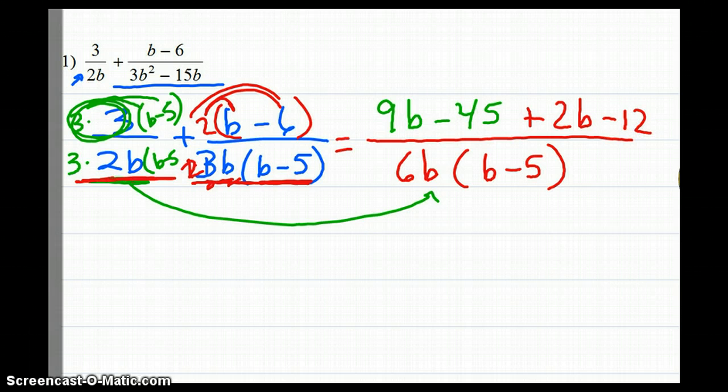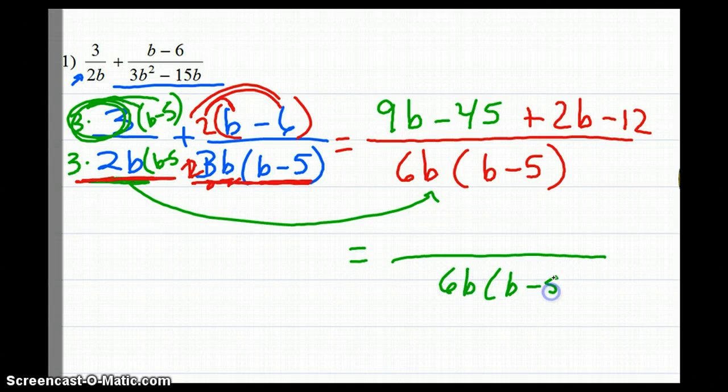Now, next step is to clean up the numerator. The denominator you can just leave like this. And cleaning up the numerator means add like terms. So we'll have 11b minus 45 minus 12 will be a minus 57.